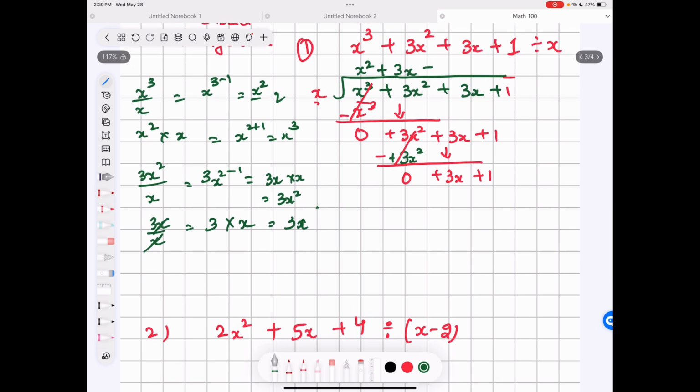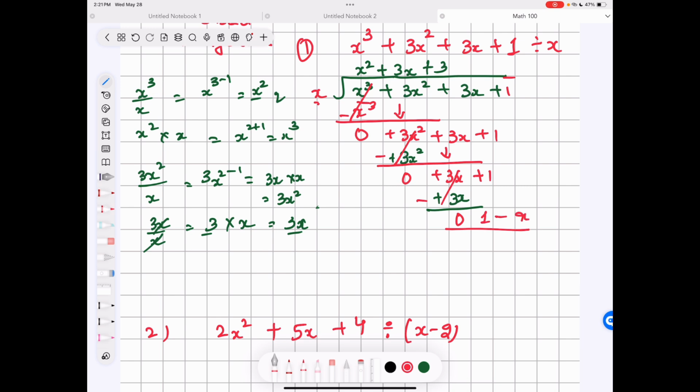So we can write 3 here as our quotient, and then we multiply, we get 3x, which is gonna be plus 3x, and we are gonna again subtract it, which this will cancel out, and now we are left with 1 as our remainder.